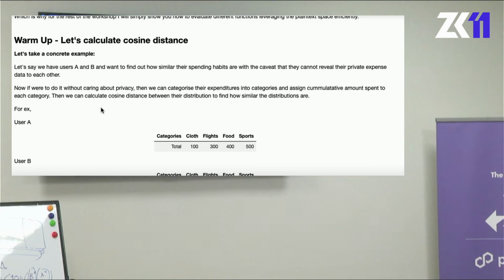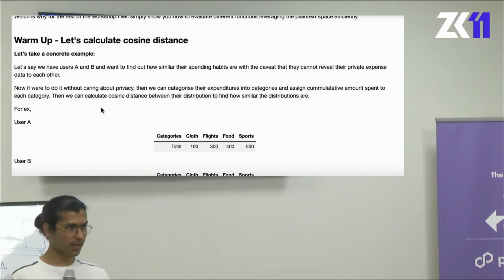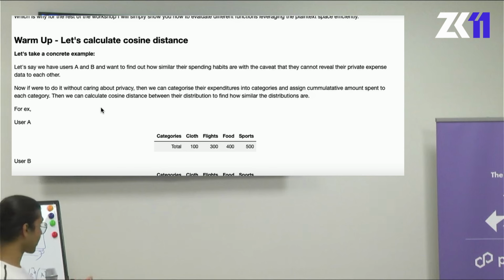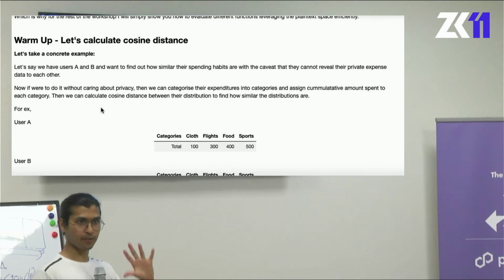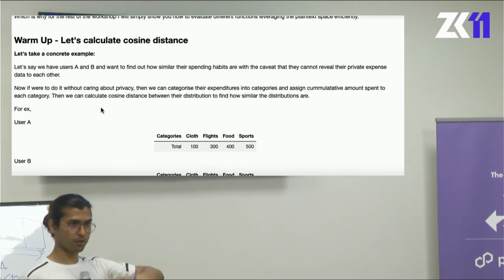So what we're going to do today is first build a very small application by just leveraging the plain text structure of CKKS, and then we'll try to homomorphically figure out how to evaluate a CNN using it. Okay, if you're familiar with CNNs, convolutional neural networks. Okay, so any doubts? Because now we are moving from this plain text thing to application stuff.